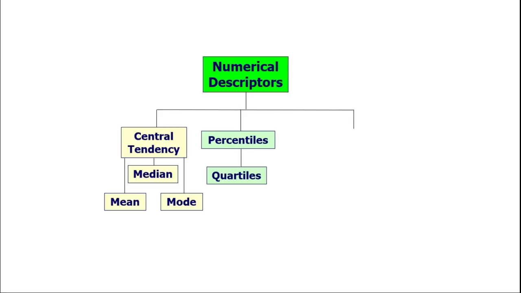And they can be used in quite simple contexts. A percentile is how far, in terms of a percentage, along a distribution a value lies. A quartile is the same sort of thing, apart from it's got a special measure associated with it, and effectively it chops the data up into quarters. So you could have a quartile 0, which means the smallest value in a data set. Quartile 2 is an important one because quartile 2 is the median. But I'll discuss these a little bit more in detail later.